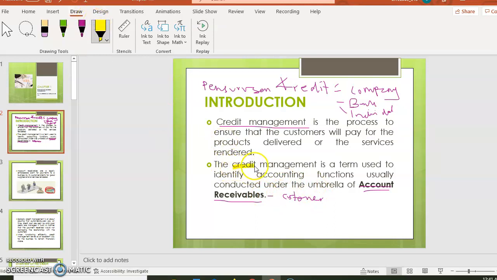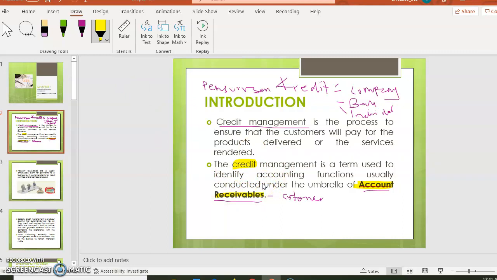So once we are lending, ataupun kita sedang memberi pinjaman kepada customer dan mereka menjanjikan akan bayar secara kredit, maka kita akan buka satu account yang kita panggil account receivable. Dalam financial statement memang duduk di bahagian belah asset.